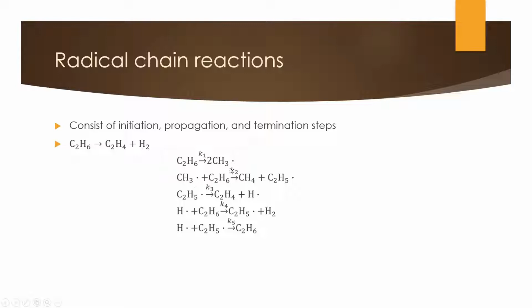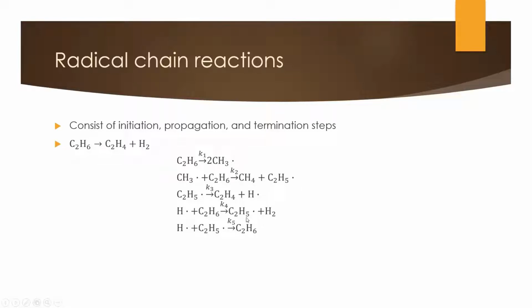And then this radical can steal a hydrogen from another ethane to make an ethyl radical. And then the ethyl radical can propagate by losing a hydrogen, and then that hydrogen can go and take another hydrogen off of another ethane, regenerating the C2H5.